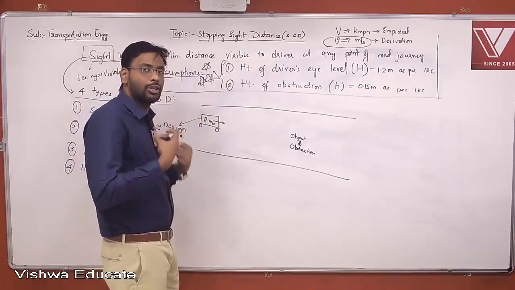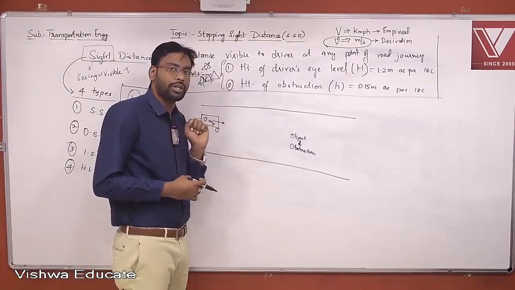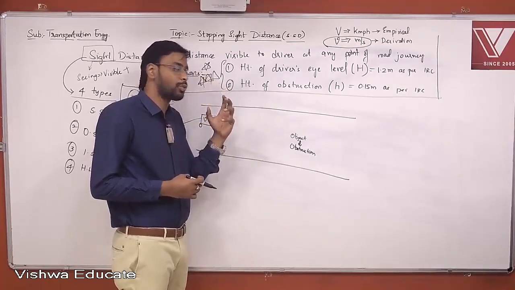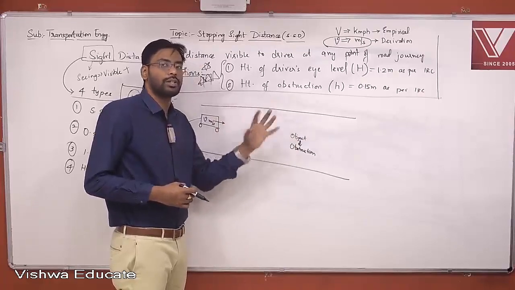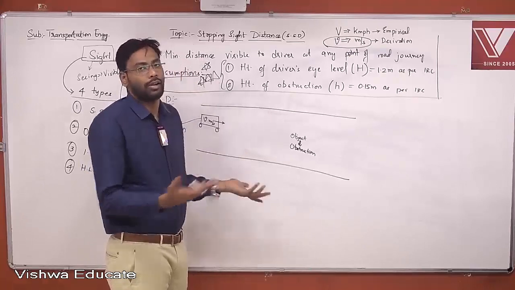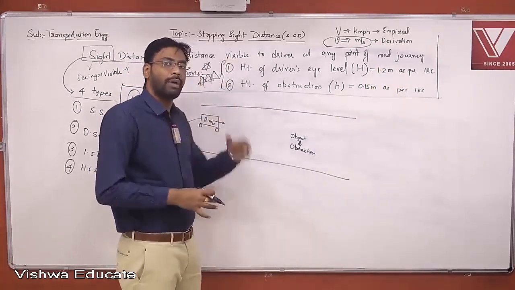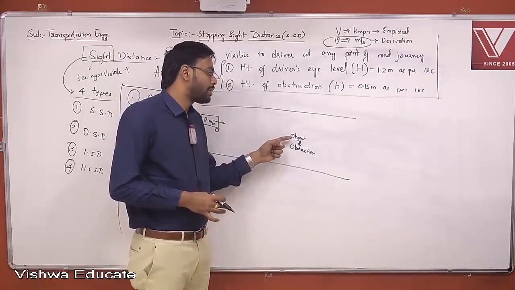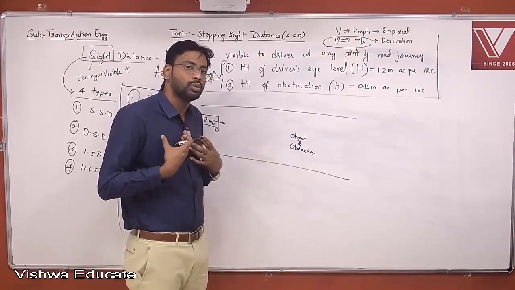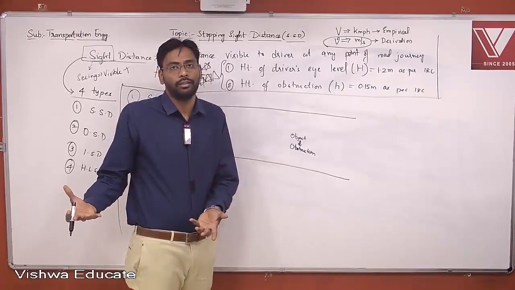I assume that I'm traveling in this car. First I have seen this object, then I'm analyzing this situation whether it is an obstruction or not. If it is not an obstruction, I will not apply any brake and I'll move on. If my mind says that this object is an obstruction, then I will apply my brake and stop my vehicle, right?